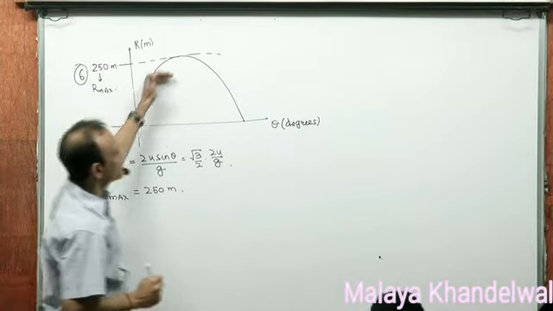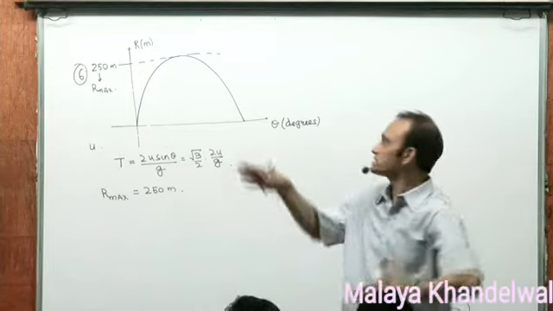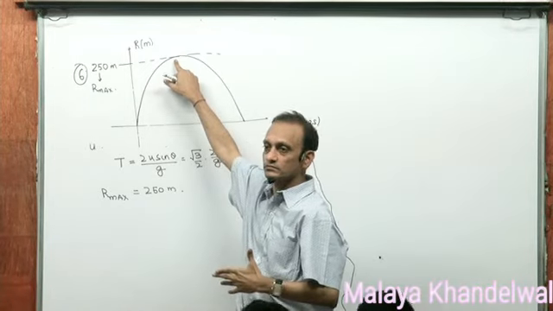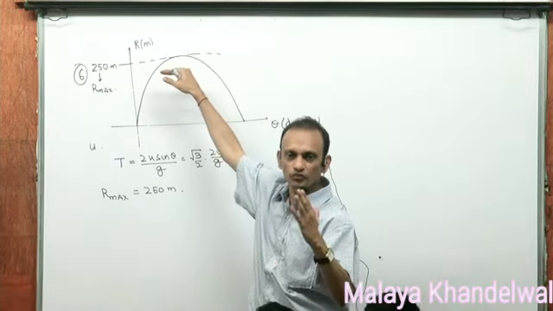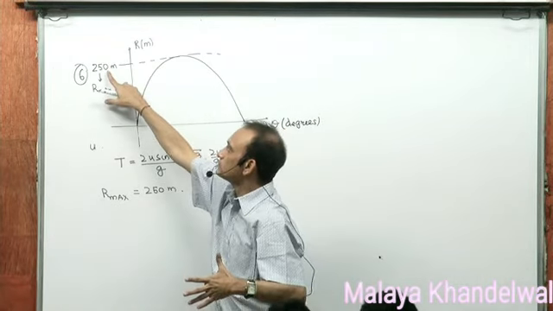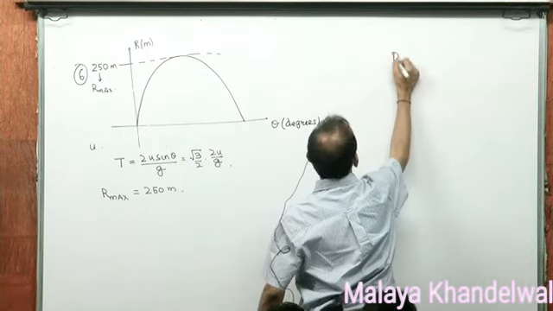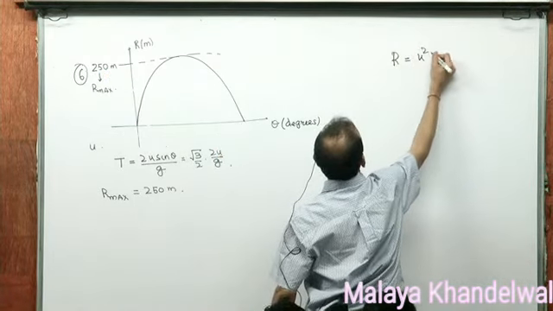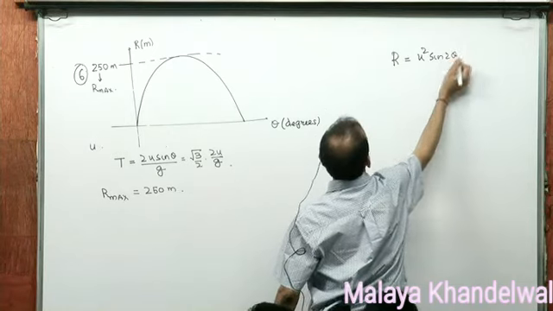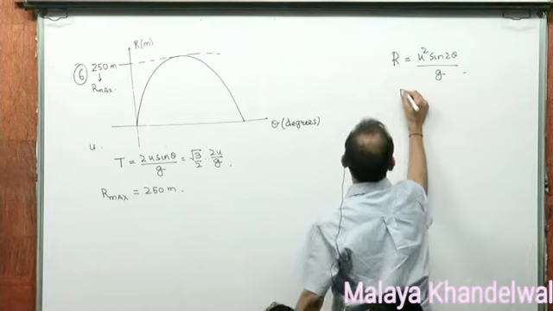In this problem, what's given is, for a given u, if I keep varying theta, this is how range varies. And the maximum range is 250. What's the result for range for any given theta? u squared sine 2 theta by g. And what is R max?